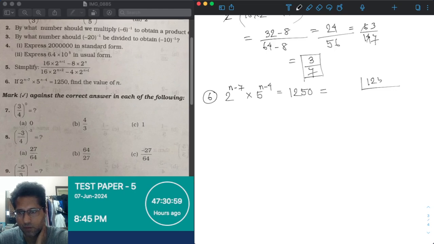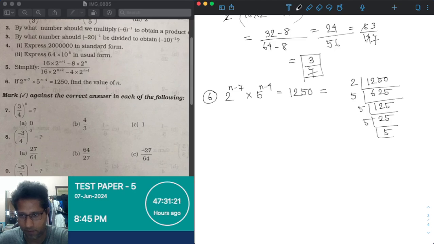1250. Let's start with 2. So 2 into 625. Now we divide by 5. This is 125, again 5, this is 25, again 5, 5 and 5.